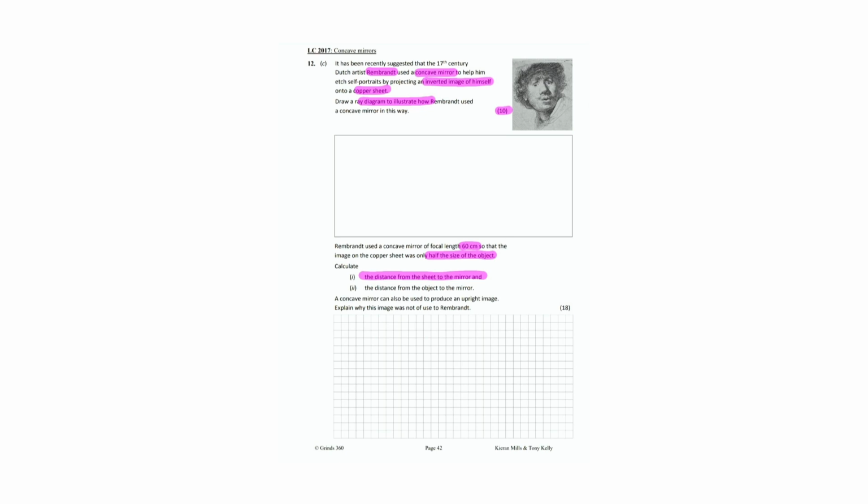The sheet is where the image is formed, so they're asking you to find v in part 1. And then the distance of the object to the mirror, they're asking you to find u. So it's a problem where they give you f and the magnification and they want you to find v and then u. So let me have a look at that problem.